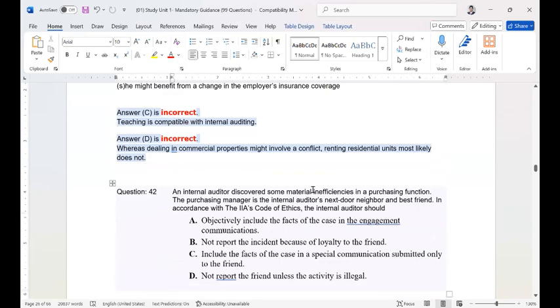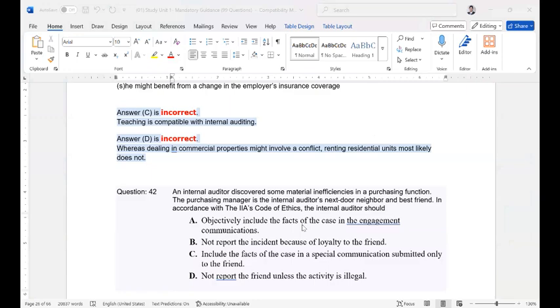Okay. Question number 42. A. Let's see. An internal auditor discovered some material inefficiencies in the purchasing function.